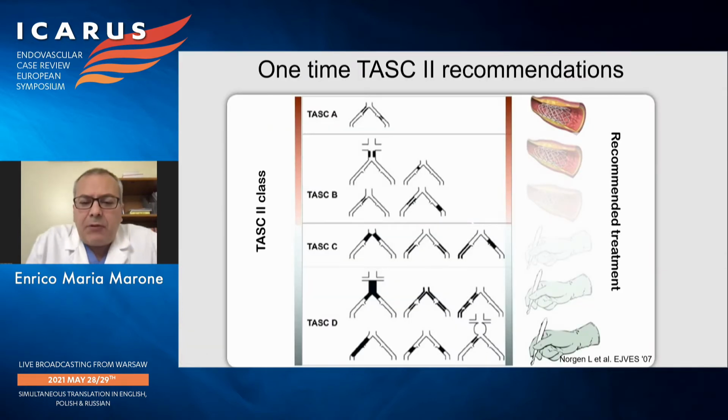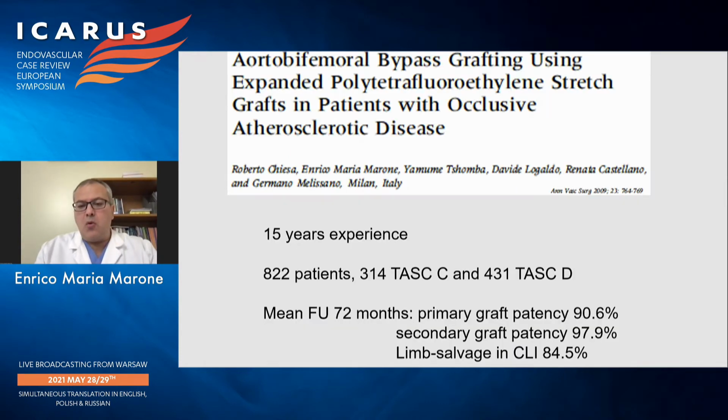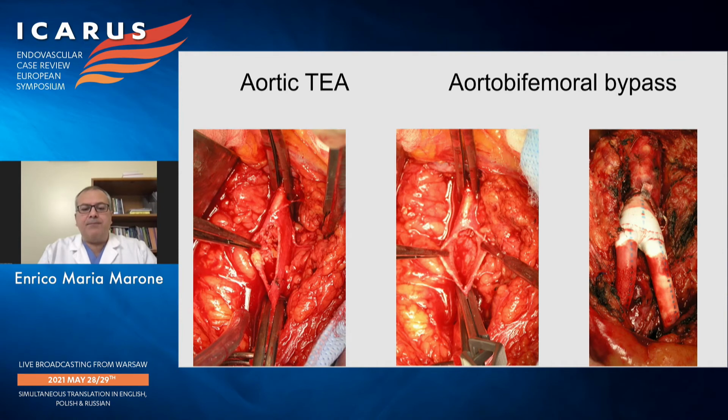One time there was the TASC II classification with the recommendation to treat TASC C and D lesions with surgery. And more than 10 years ago, I published my experience on aortobifemoral graft for occlusive disease of the aorta and iliac arteries with very good results, especially mid and longer term results.